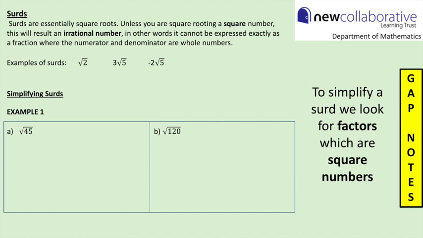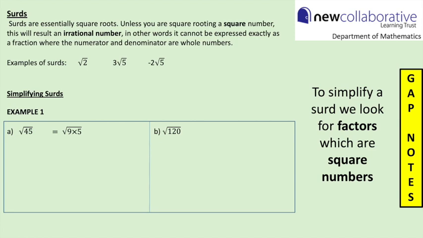In example 1, we'll look at how you simplify a surd. So in part A, we have the square root of 45. Now, the way to do this is to look for a factor of 45, which is a square number. In this case, we can use 9. So we can write the square root of 45 as the square root of 9 multiplied by 5.